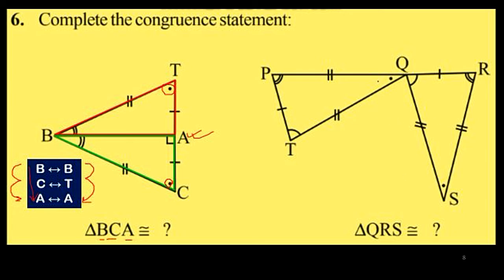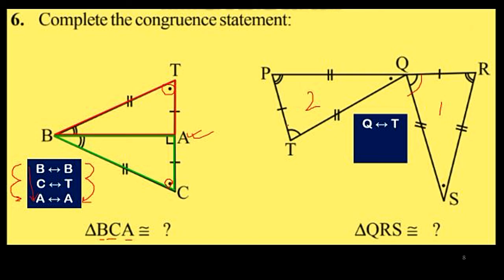Other question. Question number 6, second question. We have two triangles, QRS, that is this triangle 1, and I want to show the name of the second triangle according to the corresponding vertex. So first we need to show the corresponding vertex. Q of triangle 1 is corresponding to T of the second triangle.